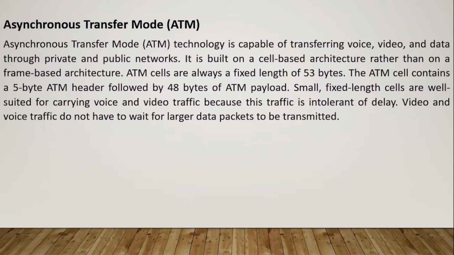A typical ATM line needs almost 20% greater bandwidth than frame relay to carry the same volume of network layer data. And ATM networks have been largely replaced by faster Metro Ethernet and Internet-based solutions as well. So this technology has been replaced by faster Metro Ethernet.